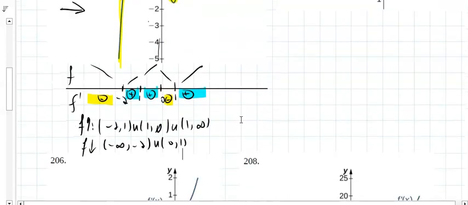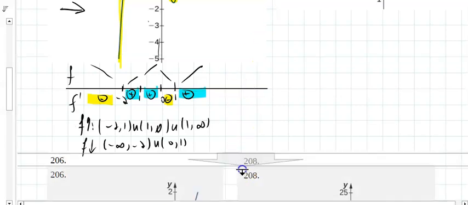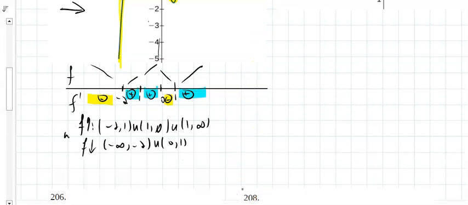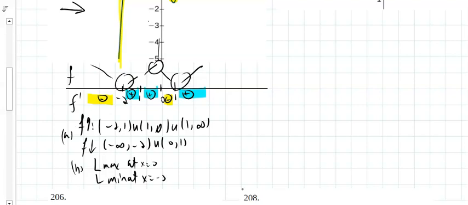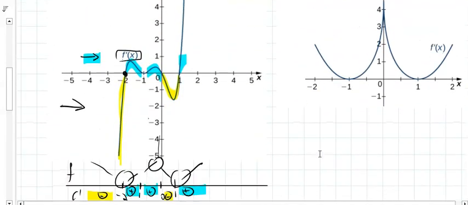And that means we have a local max at x equals 0, and we have a local min at x equal -2 and 1.